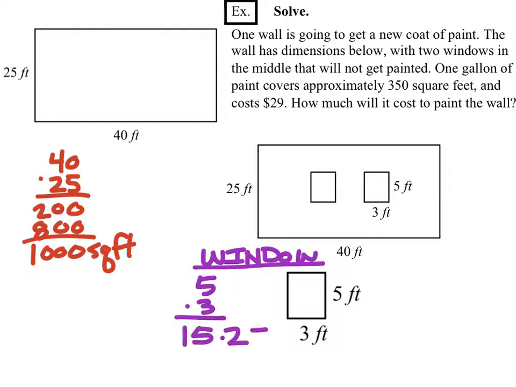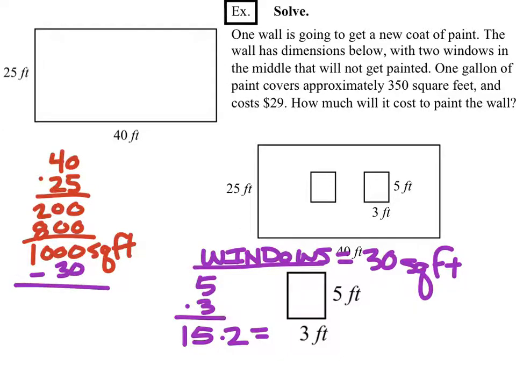I'm going to multiply that by 2, which means the total area of the windows is 30 square feet. Now, that square footage is not going to be painted, so I'm going to subtract that from the wall without any windows. I'm going to subtract that 30, which means that there would be 970 square feet of wall that needs to be painted.